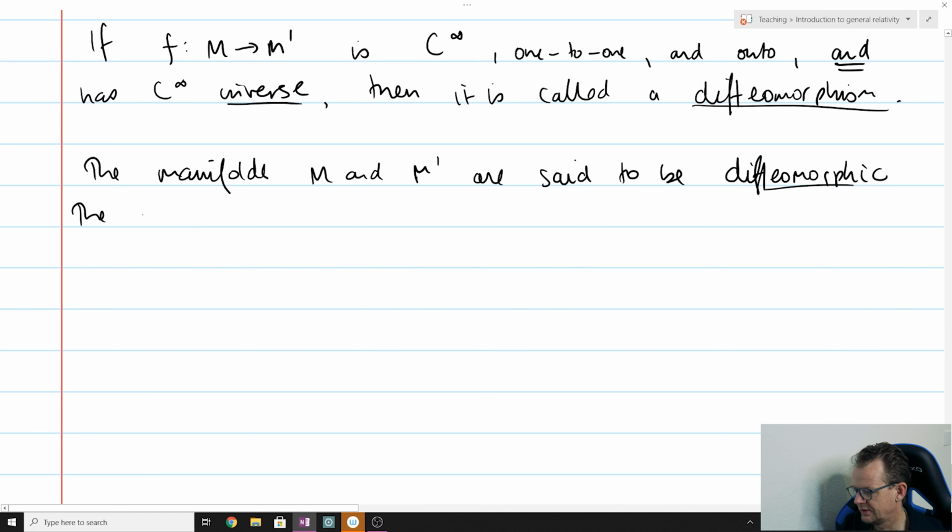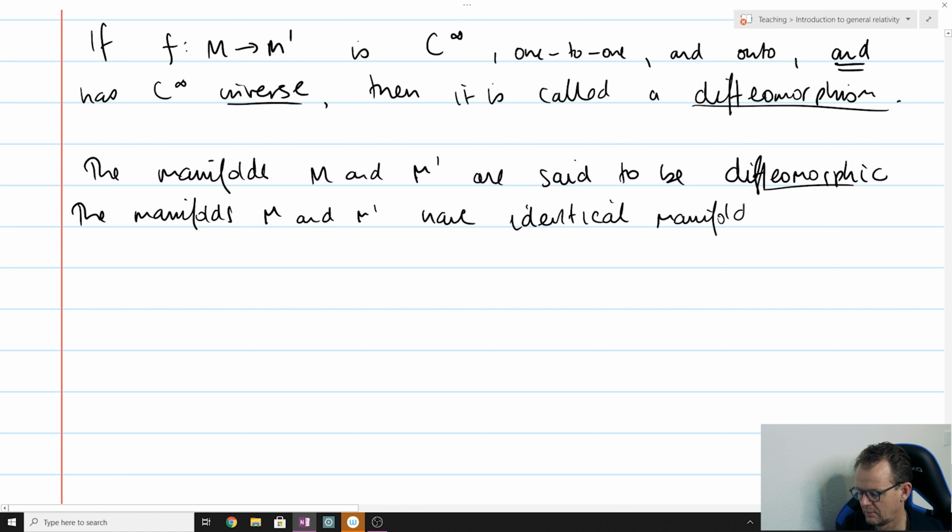They're equal because you can show that the manifolds M and M prime have identical manifold structure. When you define them via charts, you can identify all the charts, you can identify all the transition functions, everything can be identified, and therefore they're equal. They're not only equal as underlying sets, all this baggage on top of charts is equal as well.